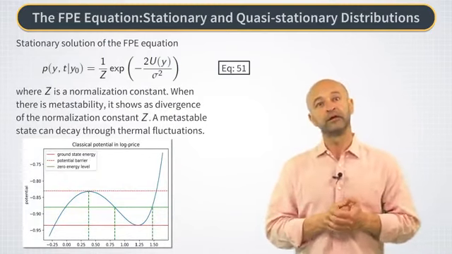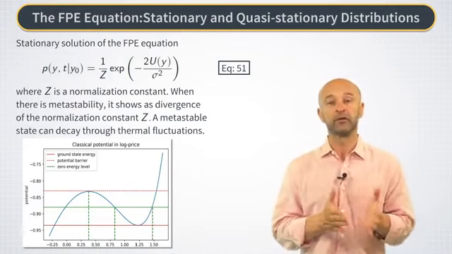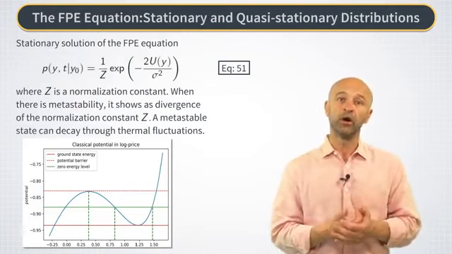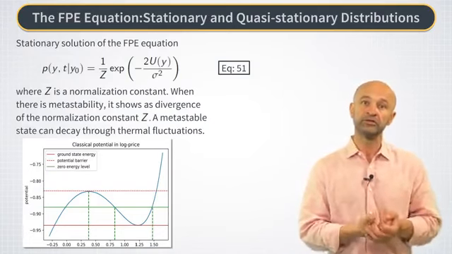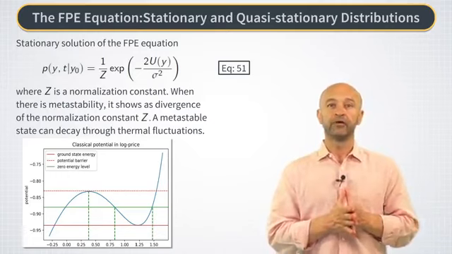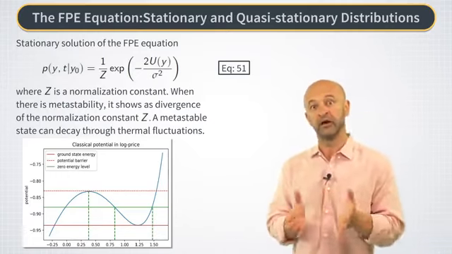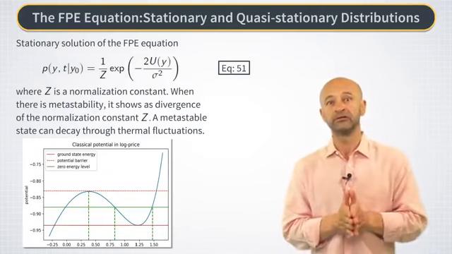The point is that a steady-state density only exists if it's normalizable, which requires that the normalization constant z should be finite and positive. But if there is escape from a metastable state through tunneling, the system cannot have a genuine steady state.